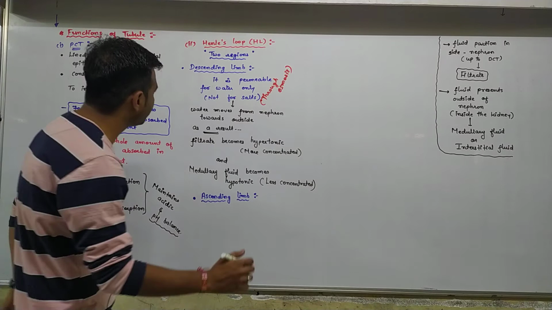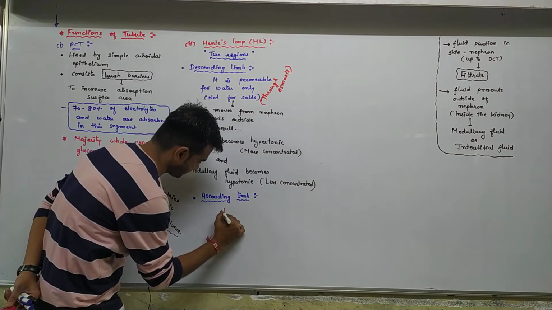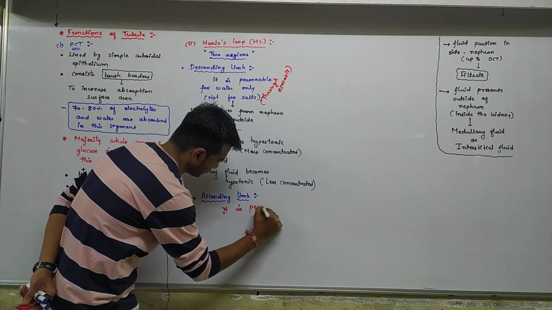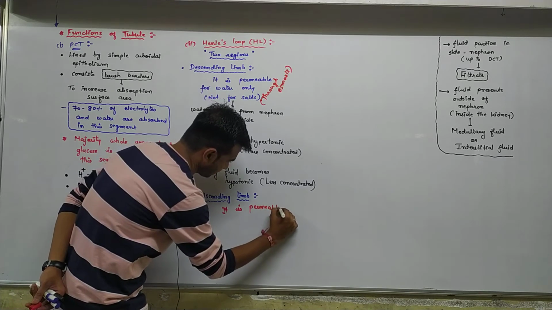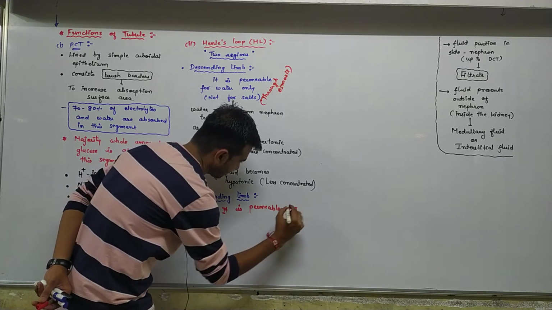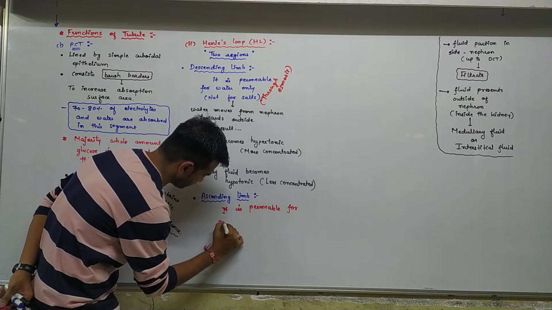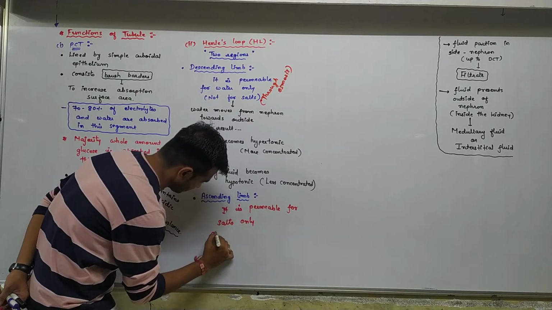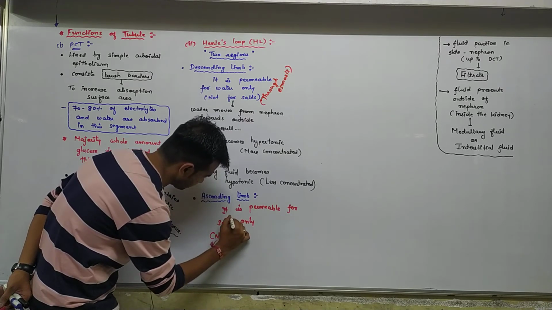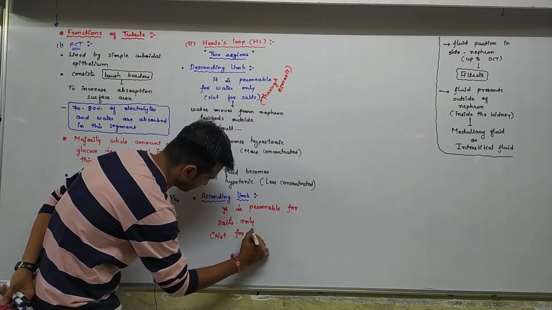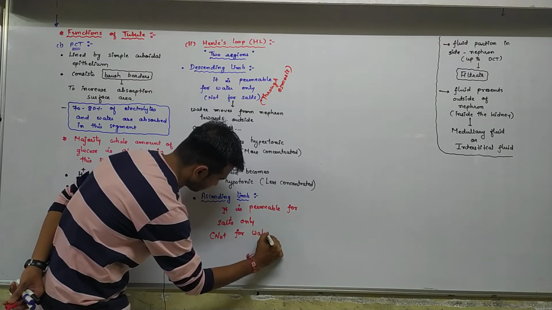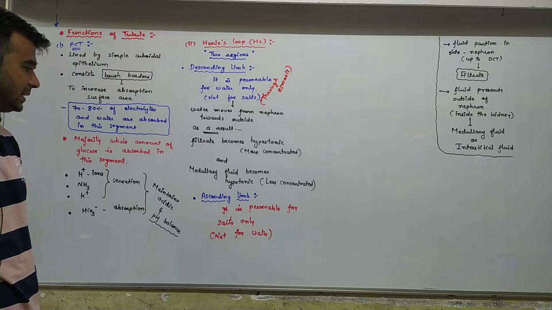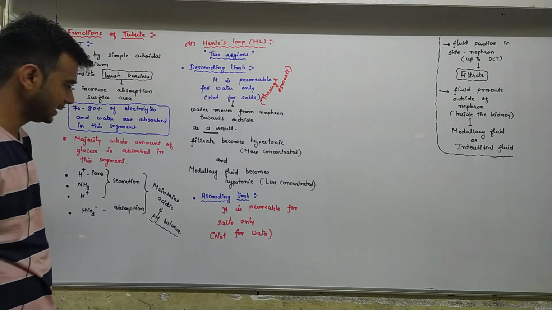Ascending limb of loop of Henle: it is permeable for salts only.